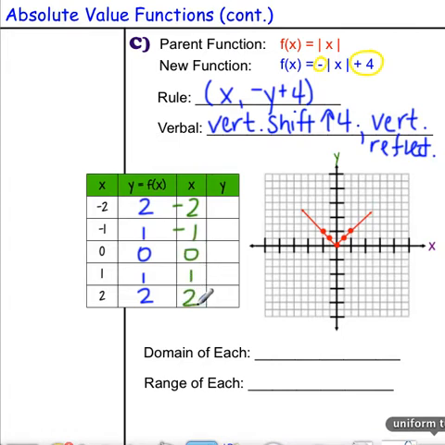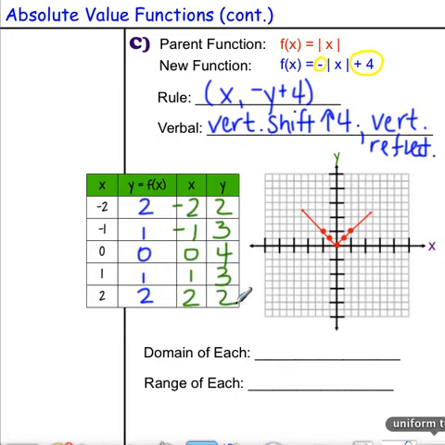And it says we're going to make y the opposite and then add 4. So the opposite of 2 is -2 plus 4 is 2. And the opposite of 1 is -1 plus 4 is 3. The opposite of 0 is still 0 plus 4 is 4. Opposite of 1 is -1 plus 4 is 3. And opposite of 2 is -2 plus 4 is 2.